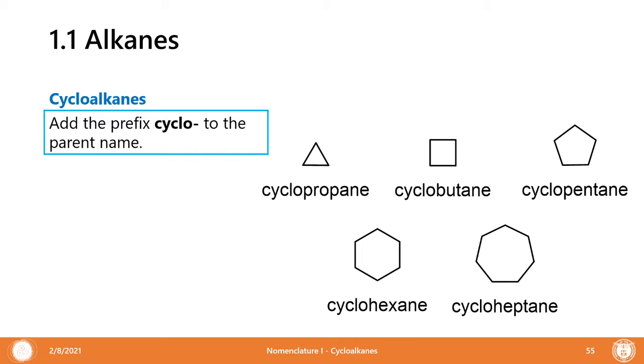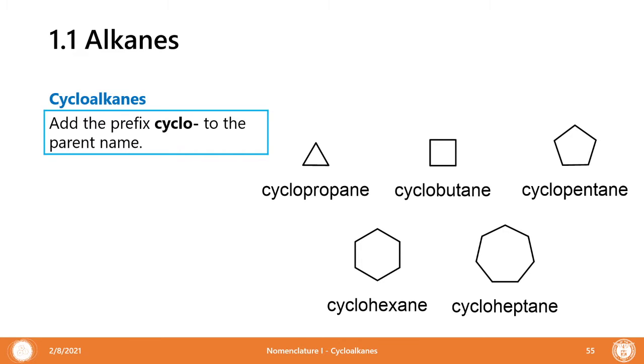Okay, so alkanes that form rings within each other, and so they form these simple polygons. Okay, so they are named like polygons, and so what we do is we add a prefix cyclo, to denote that it is in a cyclic form to the parent name.